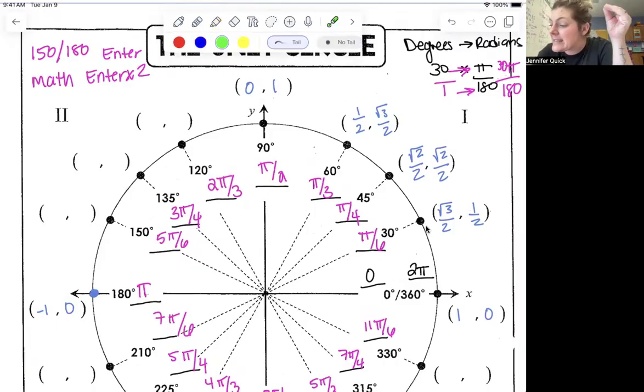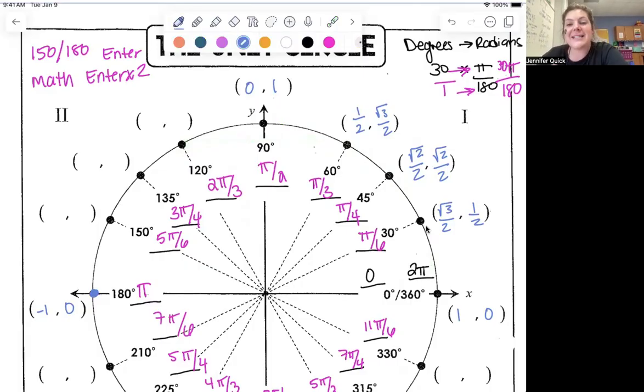If I want to fill in the 120-degree angle, because that's my next rotation, that's where my next angle is that doesn't have a coordinate. Which point from the first quadrant matches with the 120? Do you see it? Hopefully you do. It's in line with the 60-degree angle.